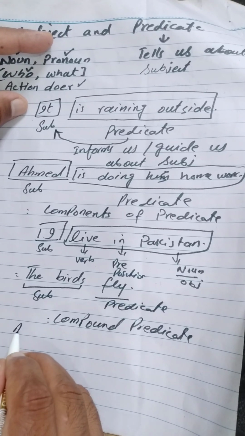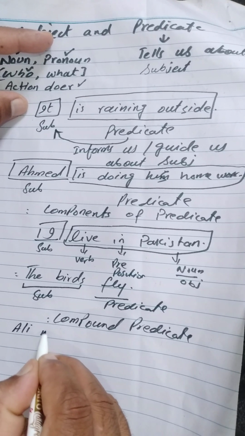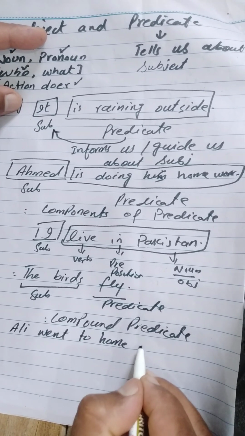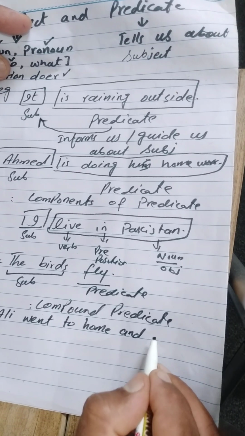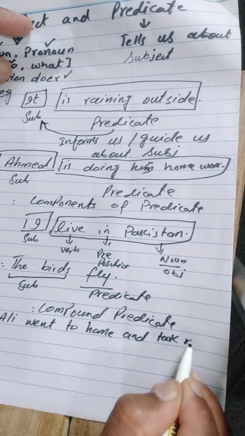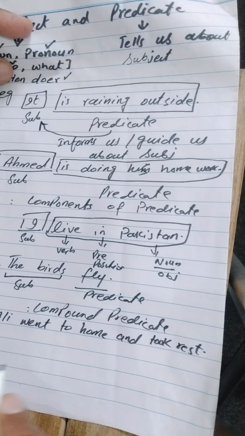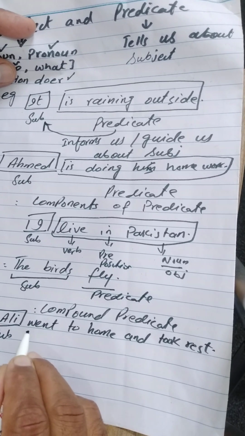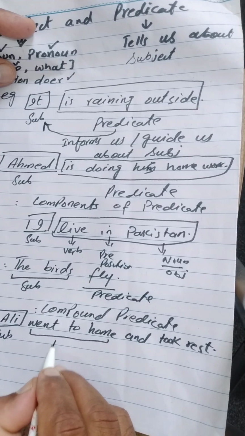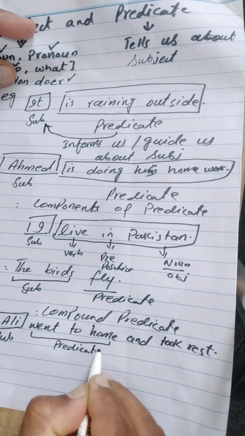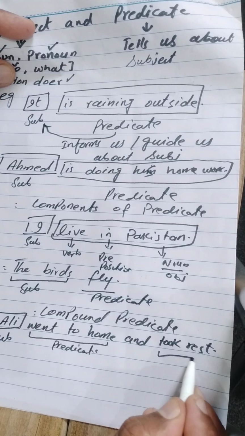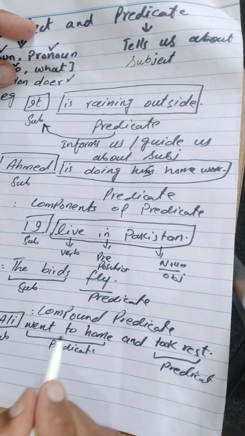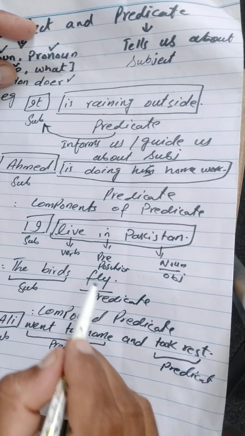Look, Ali went to home and took rest. Right? So Ali is a subject, went to home is a predicate, and took the rest is another predicate, because minimum predicate will be a verb, like in this case.